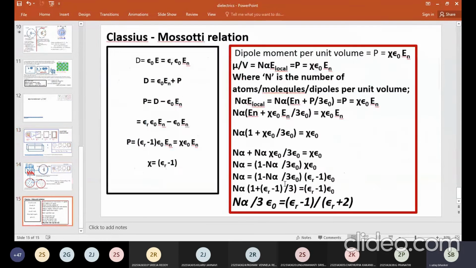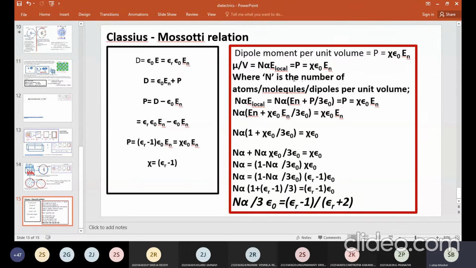The net field acting will be the E local field, not the induced field or the applied field. So mu by V is equal to N alpha E, where N is the number of dipoles per unit volume, alpha is the polarizability, and E is the local field acting on that particular dipole.